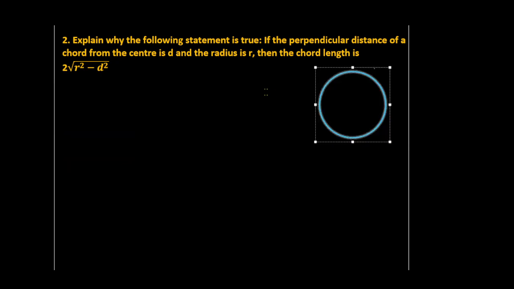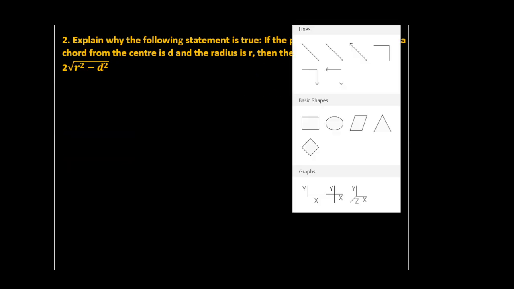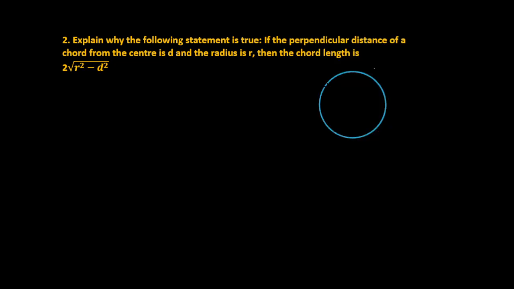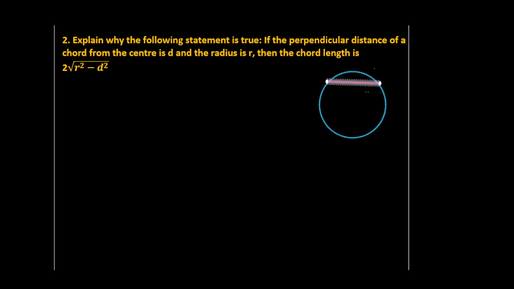We take a chord, then the radius and the perpendicular distance.